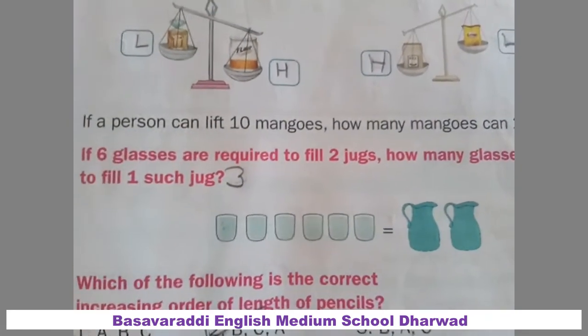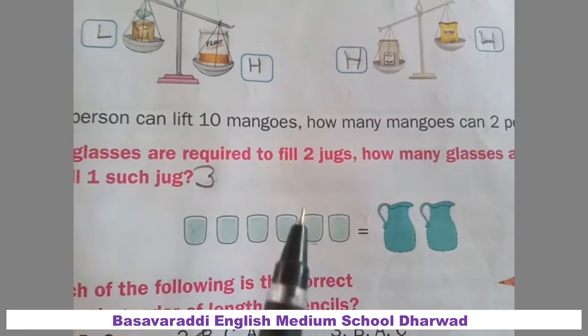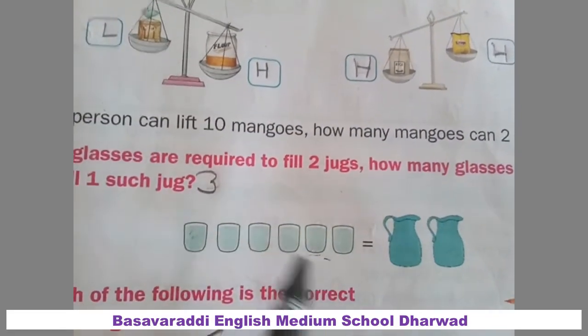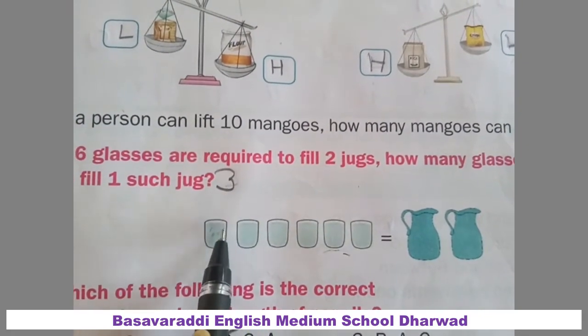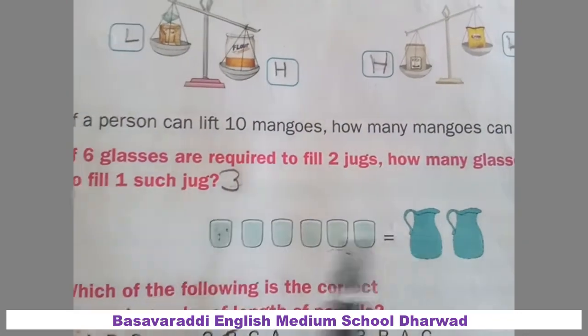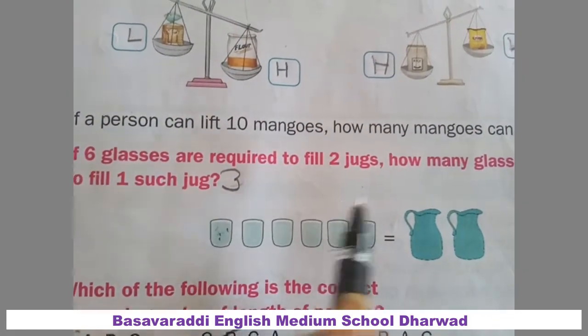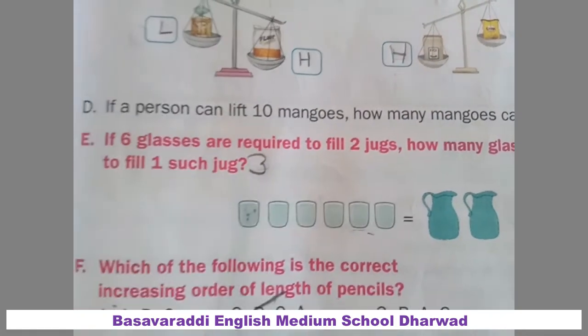Then 1 jug means 3. See, 1, 2, 3 and 4, 5, 6. So 1 jug means 3 glasses.